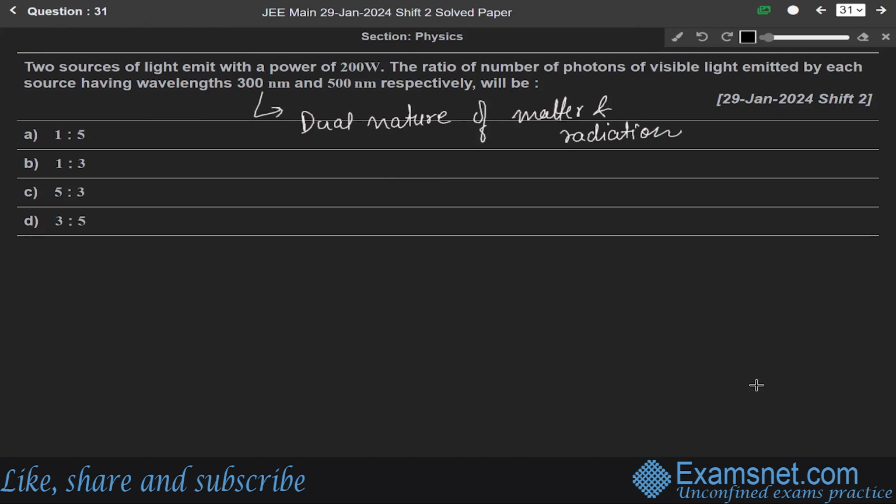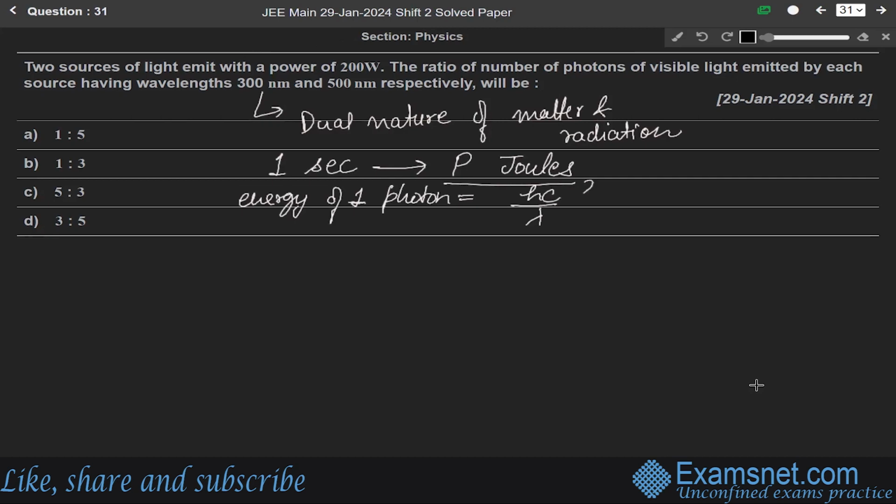Students, we know that let us say in 1 second, the energy is P joules, and the energy of one photon is equal to hc over lambda.